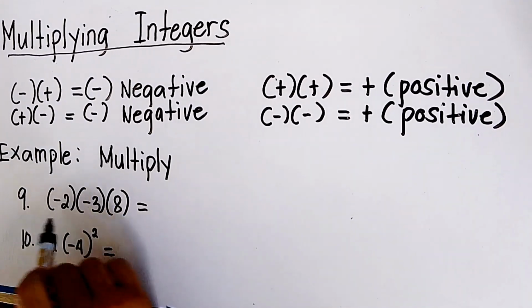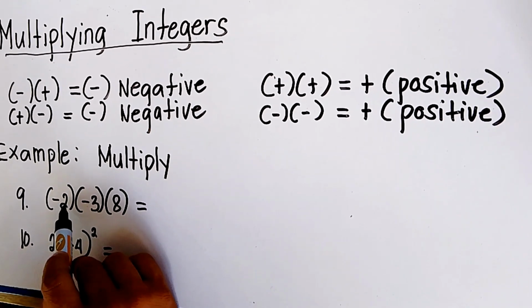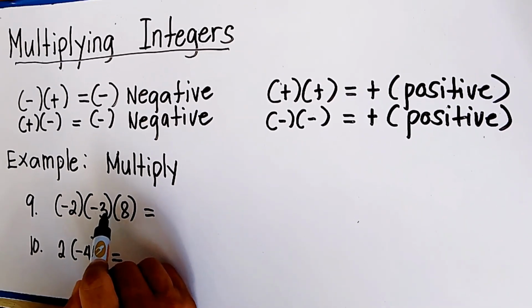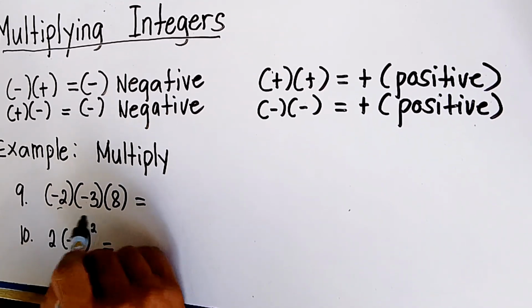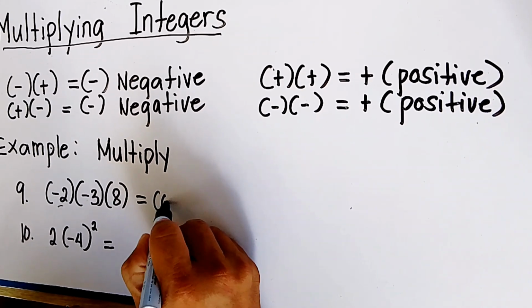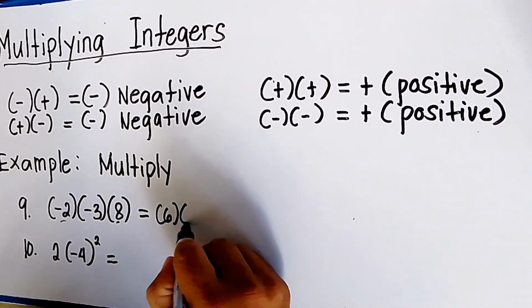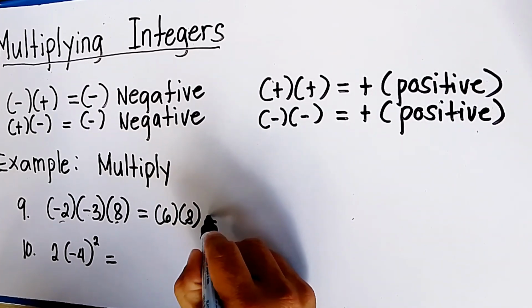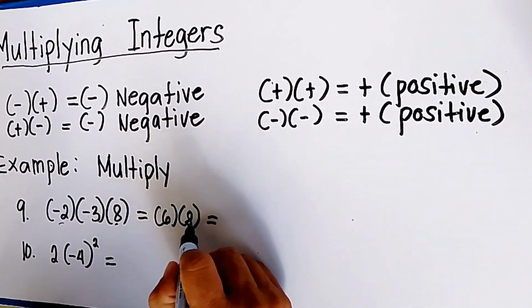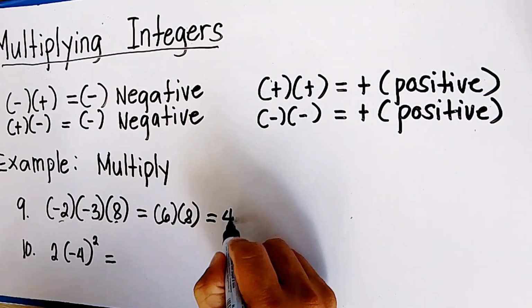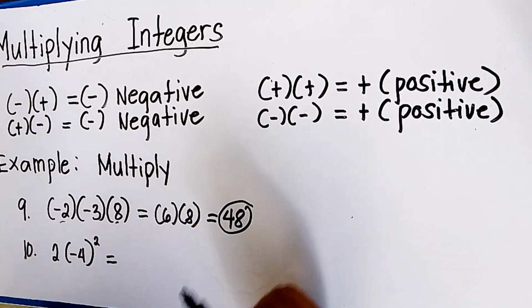Final answer. Number 9 example is negative 2 times negative 3, that is equal to positive 6. Then times positive 8. Positive 6 times positive 8, that is equal to positive 48.